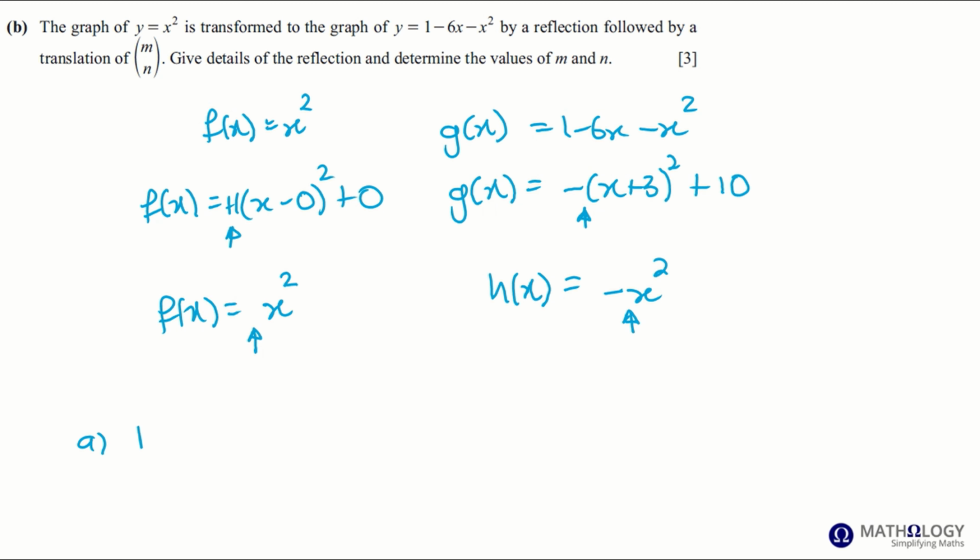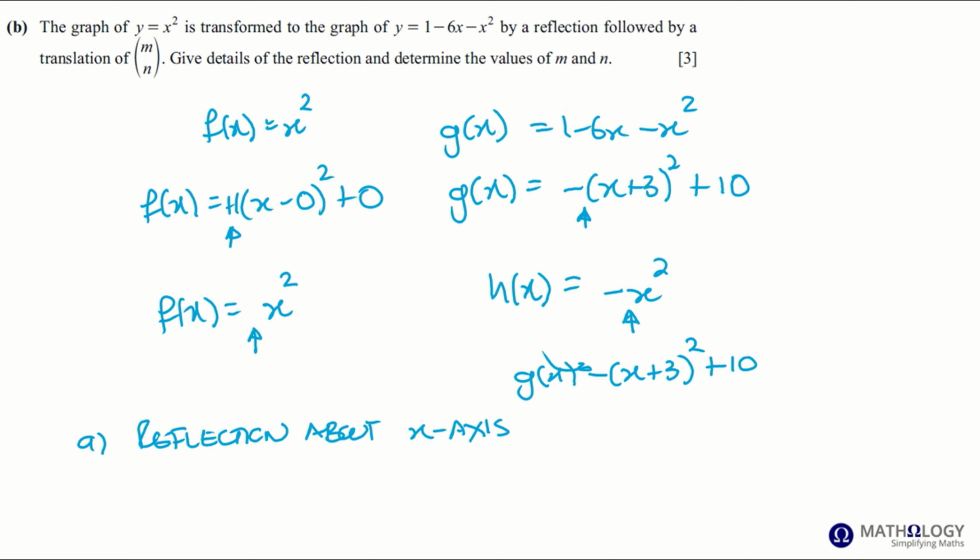So the first thing, the reflection is about the x-axis, right? So f of x equals x squared would be reflected about the x-axis to give h of x, which is minus x squared. From that point, we would then transform it to g of x by performing a translation by the vector (m, n).